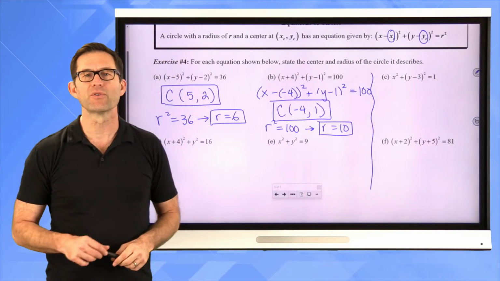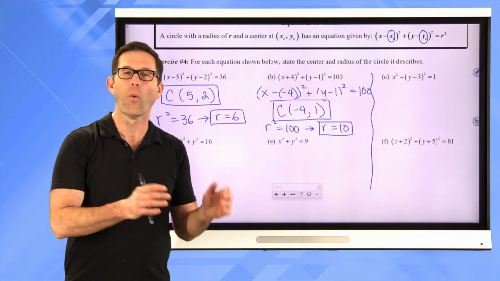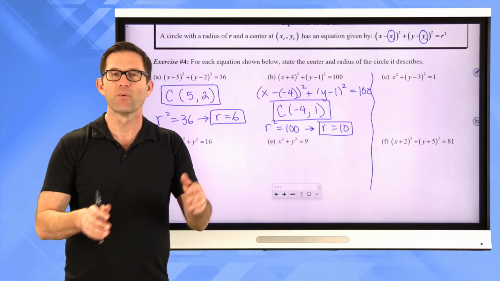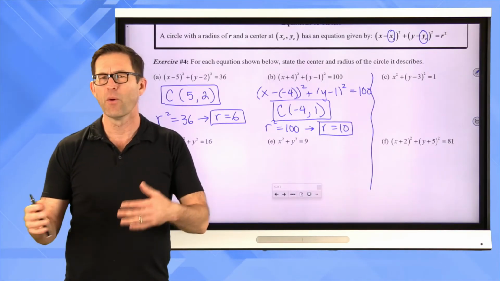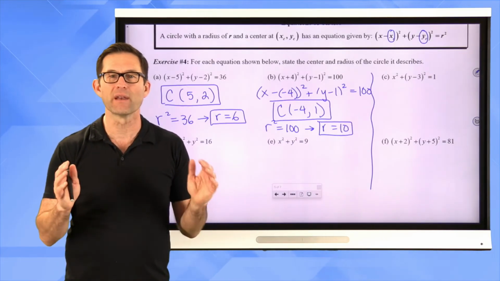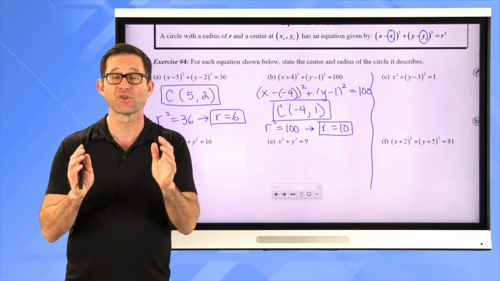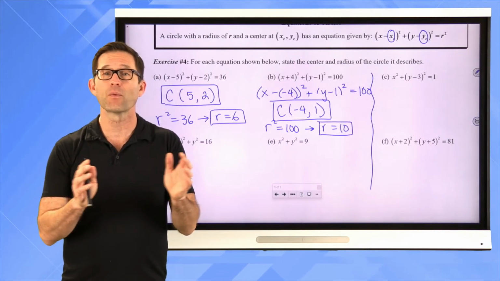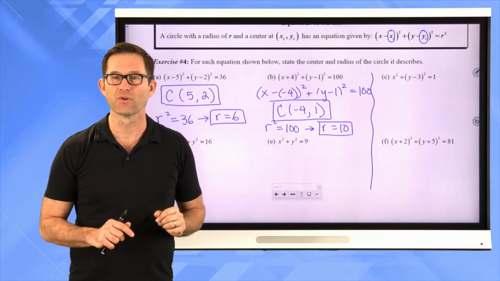It's almost similar to the point slope form of a line, y minus y1 equals m times x minus x1, where subtracting the negatives gives us those positives. This really is the same thing. We're really taking a circle centered at the origin and shifting it so that we get centers that aren't at the origin.